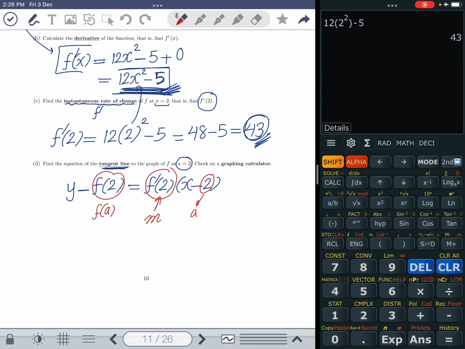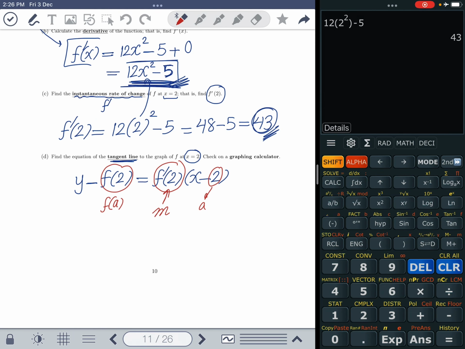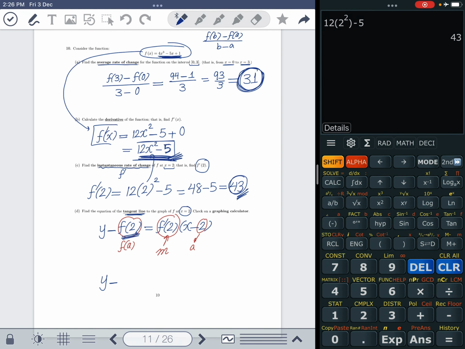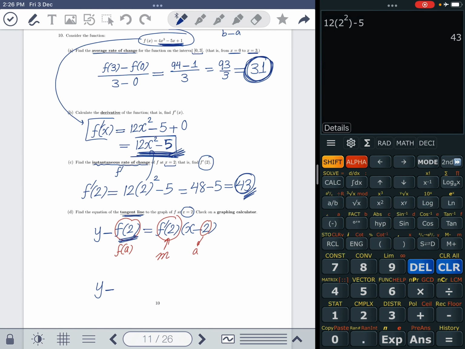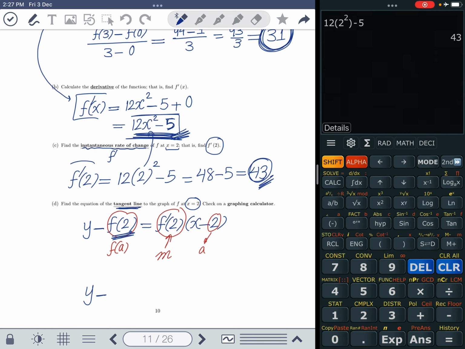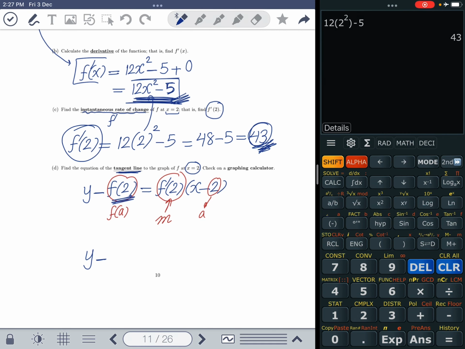Always for any graph, this is how you get the tangent line. But we calculated all of these before. So y minus f of 2. Notice that f of 2 is not computed here. No, f prime of 2 is computed, 43. But f of 2 we can compute.